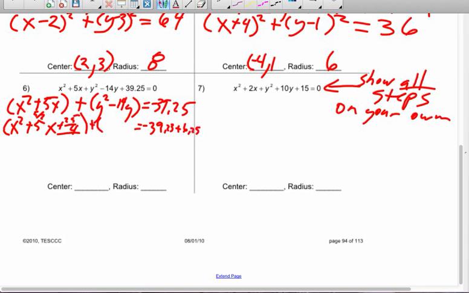And then do the same thing over here. So I take half of my 14, which is a negative 7. Square it. So that's going to give me y squared minus 14y plus 49. And then I add a plus 49 out here.